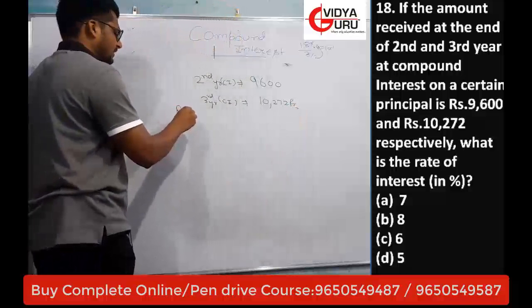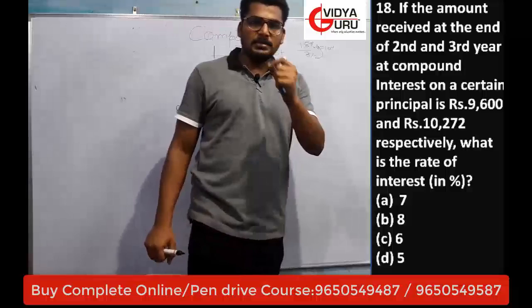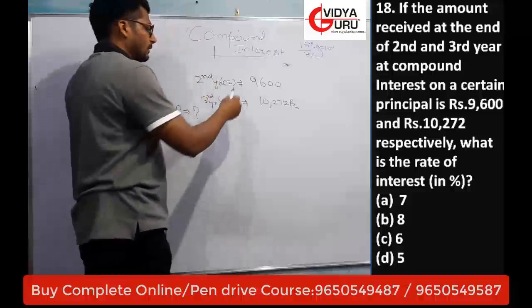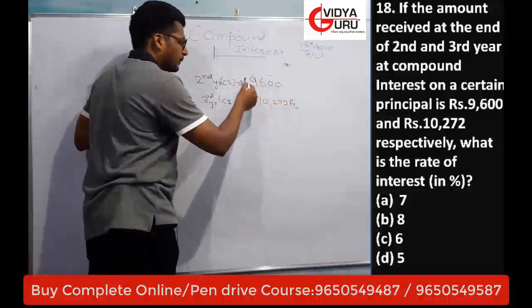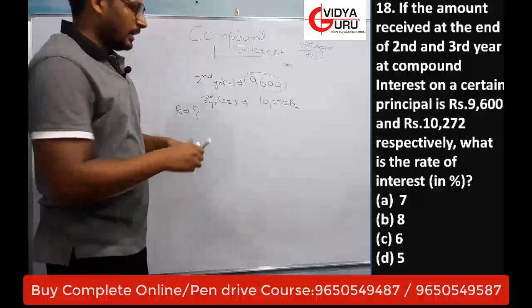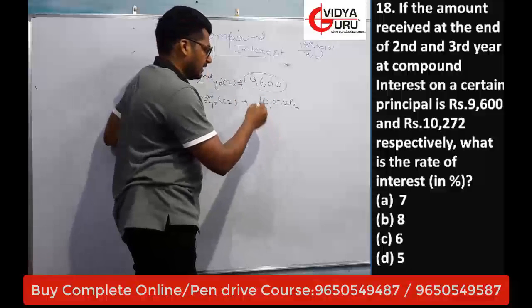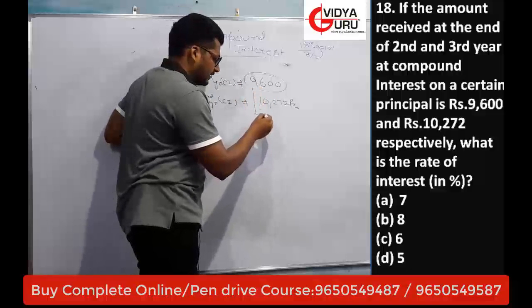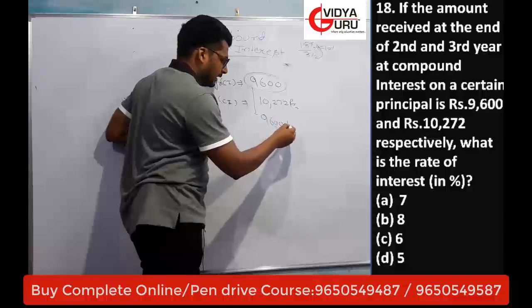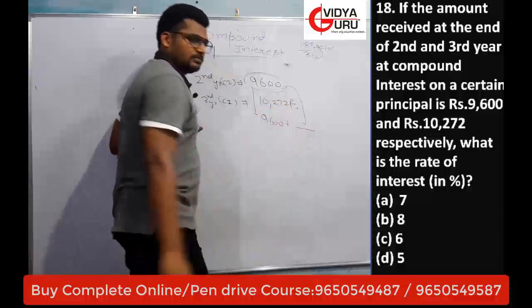What is the rate? As I have told you, interest in CI is on the outstanding amount. Till second year my interest is 9600. When I calculate interest for the third year, I will have received 9600 plus extra interest on this amount.